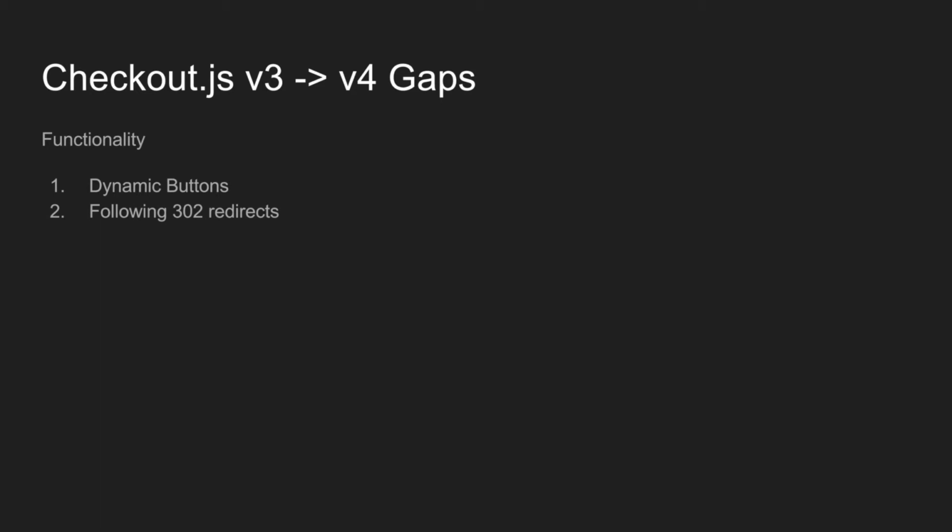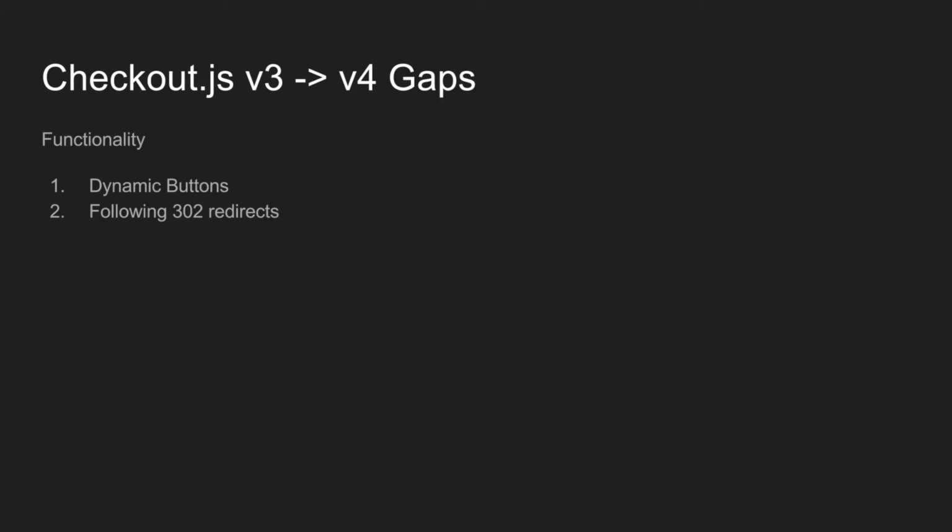Following 302 redirects, the classic approach to doing a PayPal integration was creating a server-side route. On the cart page, you would click the button and that would do just an href link to the route that does the set express checkout to get the token, and then once you got the token, it would do a 302 redirect to PayPal.